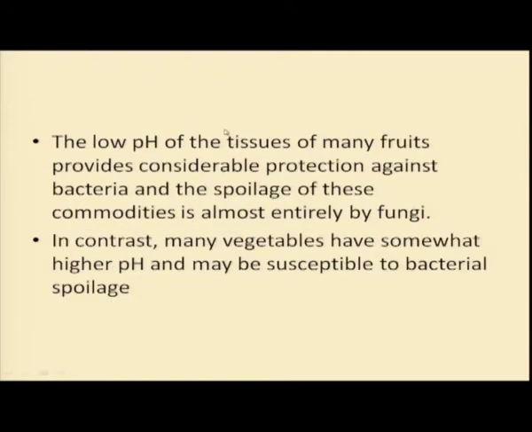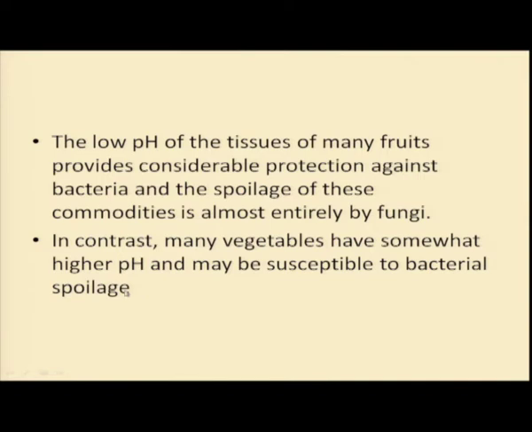The low pH of the tissues of many fruits provides considerable protection against bacteria, and the spoilage of these commodities is usually by fungi. In contrast, many vegetables have somewhat higher pH and may be susceptible to bacterial spoilage.